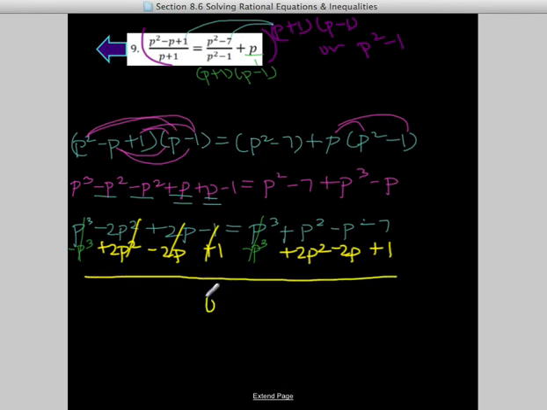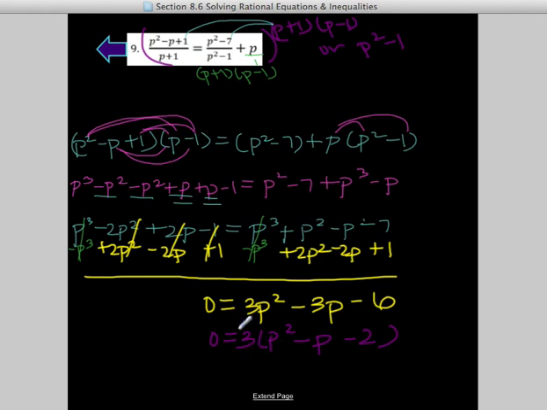So I have that 0 is equal to 3p squared minus 3p minus 6. I will see that I can factor out a 3, so I have p squared minus p minus 2. Same thing as the 5 from the example before.